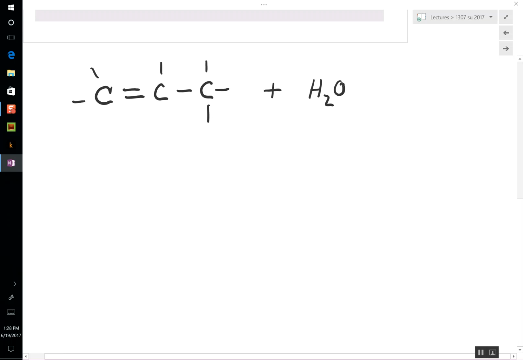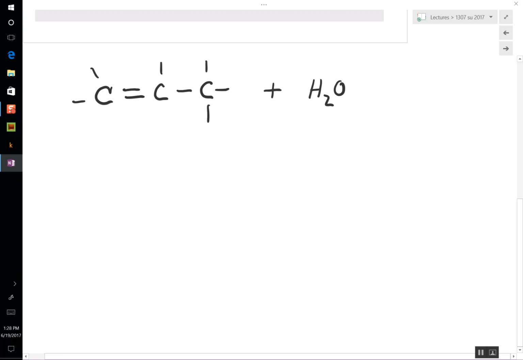Now what I want you to envision water as, it's H2O, but think of it as this. That's H2O. But what am I concentrating on? I'm concentrating on one of the hydrogen-oxygen bonds and kind of ignoring the other one for right now, because only one of these bonds is going to get involved.